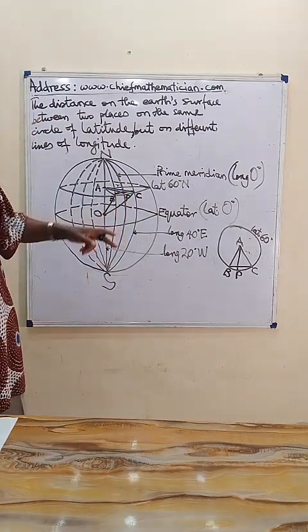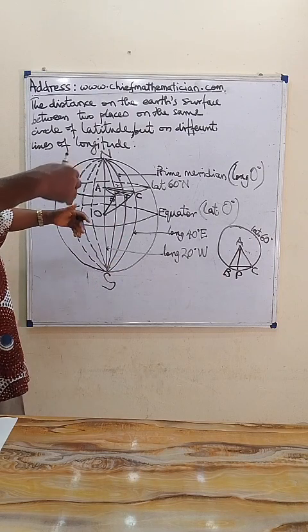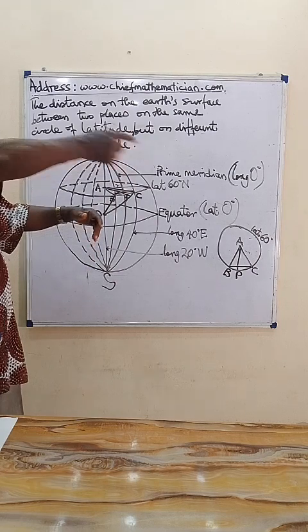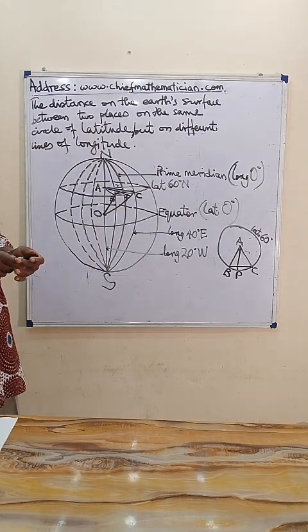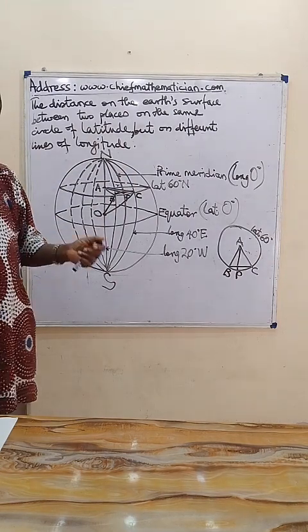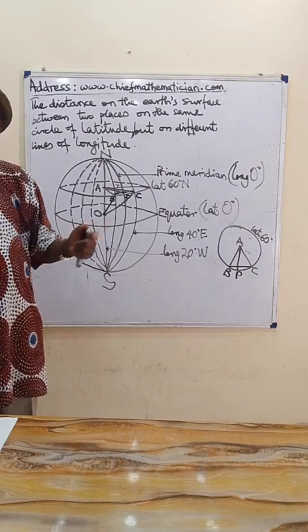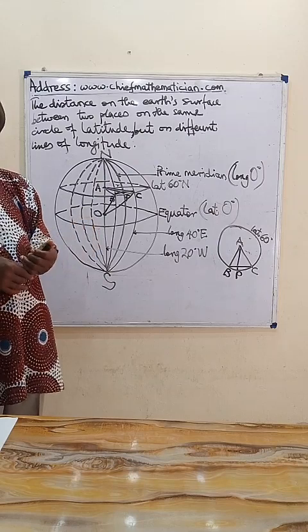It is usually shorter than the arc with the distance between B and C along that circle of latitude. By the time we solve some examples, you will get clearly what I'm saying. We calculate the distances. You will see that one is shorter than the other.